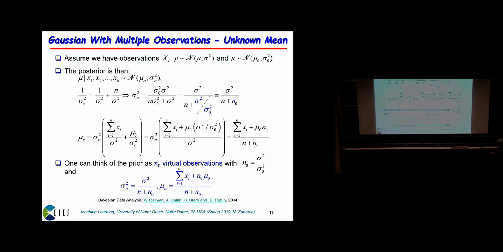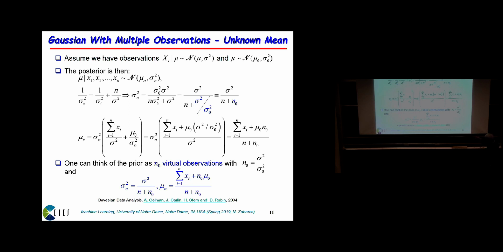The results have a very nice interpretation, actually; when you work on the slide and you play with the details, you will see two things. If you define n0 to be sigma squared over sigma 0 squared, where sigma squared is the noise in the model and sigma 0 squared is the variance in the prior, all right?